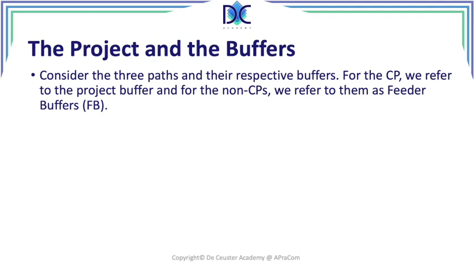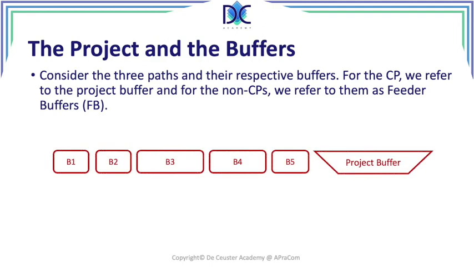Now, once we have the project, when we're looking at all the elements, we can define buffers. Now, in our case, we have 3 paths. And what we did with the buffer when we looked at the estimations, we make an estimate being 90% probable, but then we go to the 50% probable duration. We take the difference of the durations and we divide it by 2, which gives us buffers.